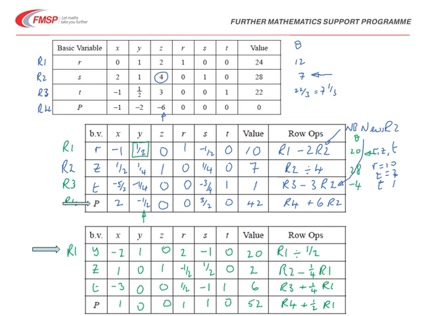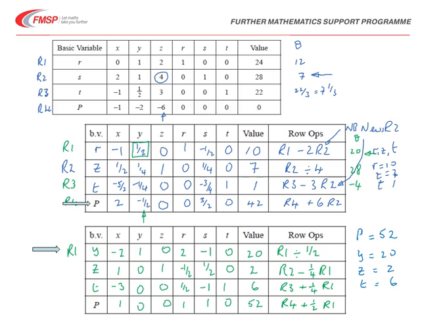We've maximized the value of P, and that's now equal to 52. The basic variables we can read off: the value of Y is equal to 20, Z is equal to 2, and T is equal to 6.